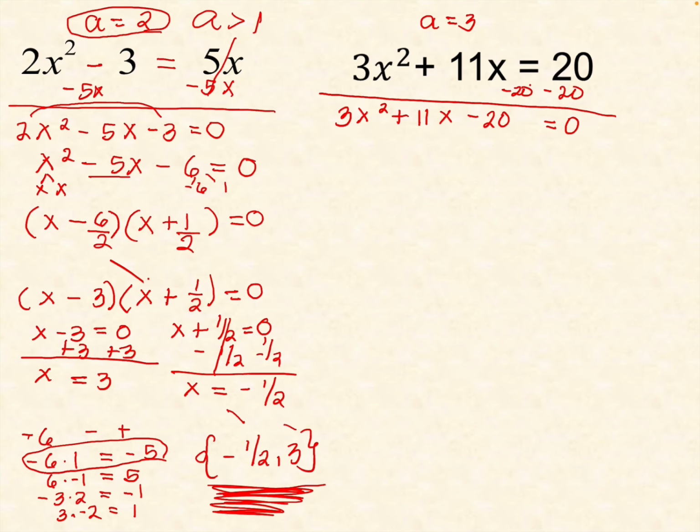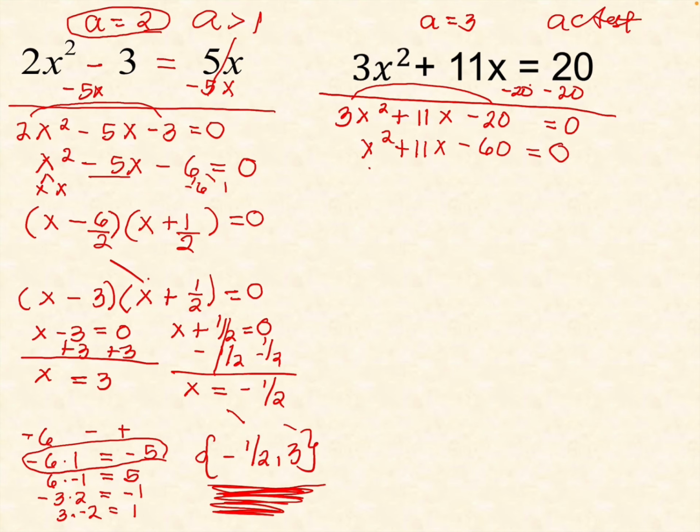So, you need to multiply the coefficient of your x squared by the last term. Actually, this is what we call the AC test. Okay? You have to multiply your 3, your A, by your C. So, you're now going to copy x squared plus 11x. 3 times negative 20, that is negative 60, is equal to 0.